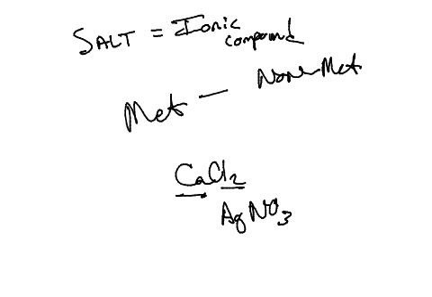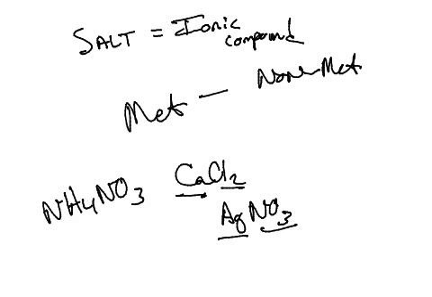Calcium is a metal, chloride is a nonmetal. Silver is a metal, nitrate is a nonmetal. Actually, there's one that's kind of weird that is also considered a salt, like ammonium nitrate. That's not a metal bonded to a nonmetal. Technically, it's a cation bonded to an anion. Ammonium is a cation, and nitrate is an anion. Okay? Good question.